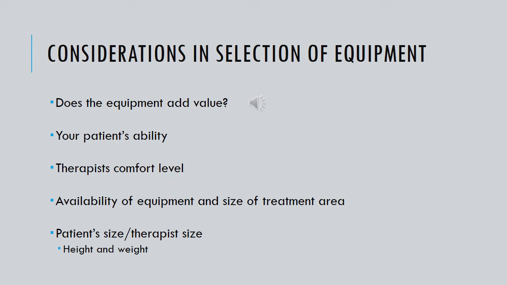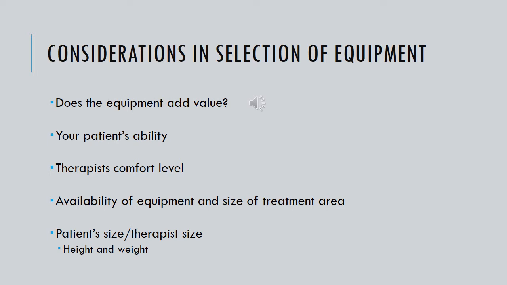One of the main reasons for selecting any piece of therapeutic equipment is that the therapist thinks it's going to add value to the session in some way. You may use therapeutic equipment to assist in addressing patients' impairments such as tone, range of motion, strength. You may choose equipment to work on balance and postural control.